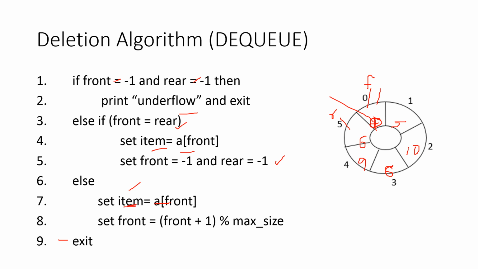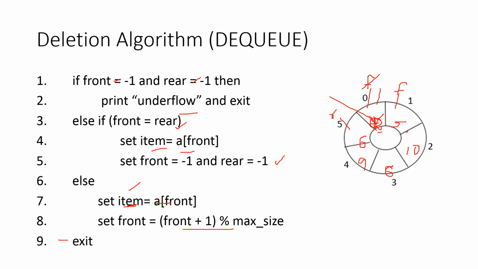Then what you have to do, this is removed. Now this will be front, because this has been removed and now this should be the front. So see the formula, it should come one step forward, that is front is equal to (front + 1) % maximum size.